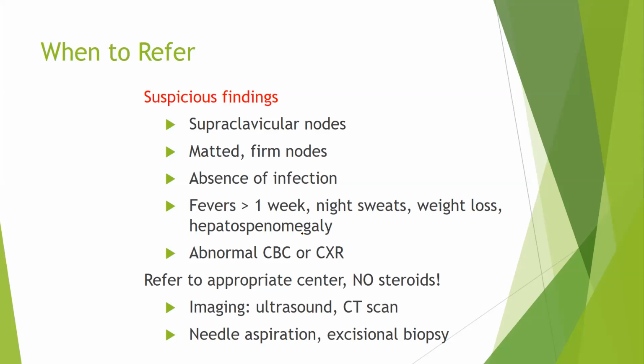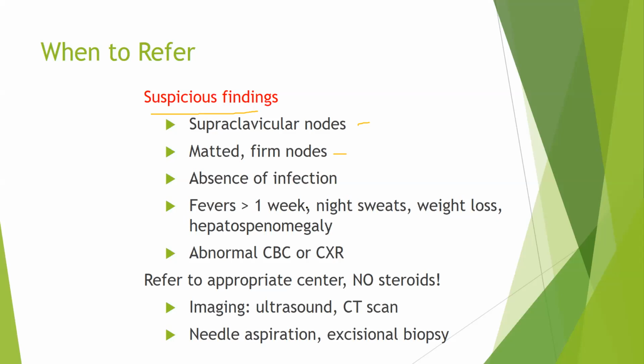When do we refer? If we've got suspicious findings, we want to refer. If we've got supraclavicular lymph nodes, or matted or really firm lymph nodes, this is all suggestive of potentially a malignancy. If there's no infection and we've got enlarged lymph nodes, that's concerning.